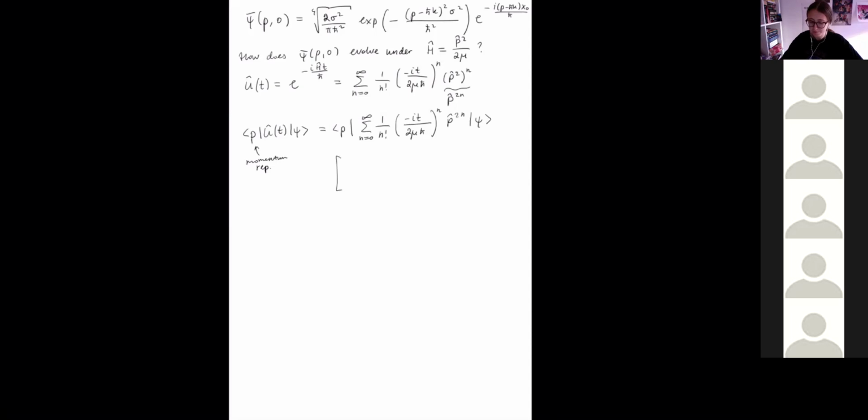Since p is the eigenoperator of the bra state p, we know how it acts. This just gives us the eigenvalue of p, which is just the value of the momentum, p to the power 2n. ⟨p|ψ⟩ stays here.